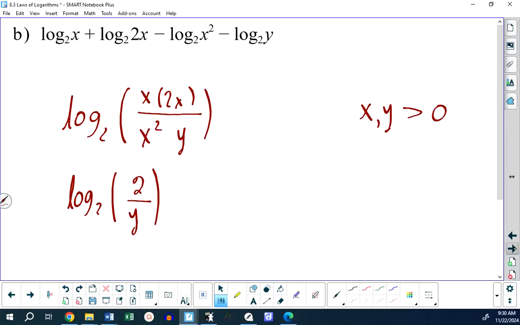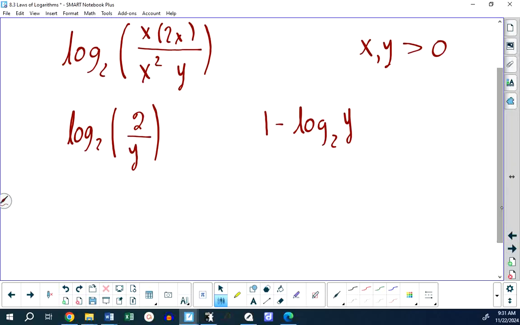That if I gave this to you on an exam as a multiple choice question, I would not have that as a choice. What I would have instead is the following. Why is that? Well, because log base 2 of 2 over y is log base 2 of 2 minus log base 2 of y. Notice, by the way, how I keep things nicely lined up.